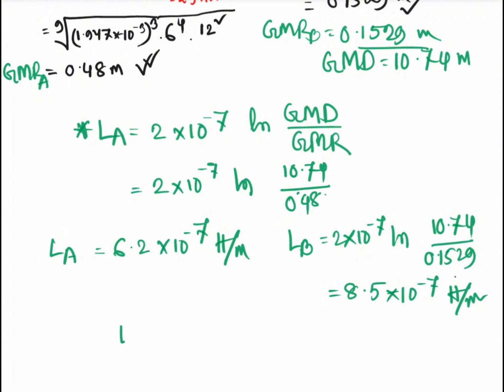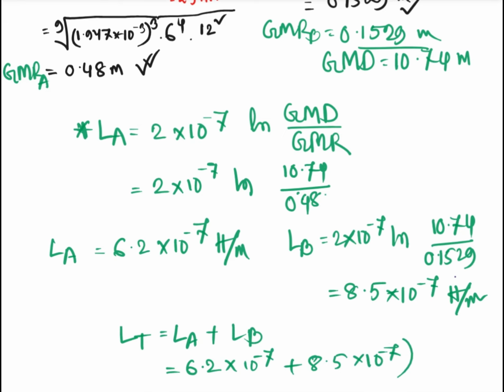So altogether the total inductance for the circuit, total L equals LA plus LB, is equal to 6.2 into 10 to the power minus 7 plus 8.5 into 10 to the power minus 7 Henry per meter.